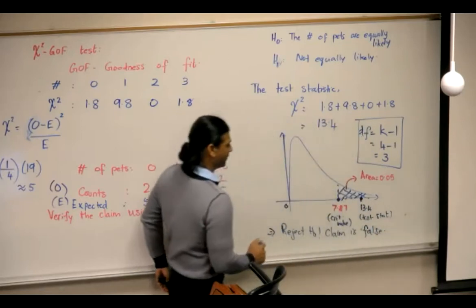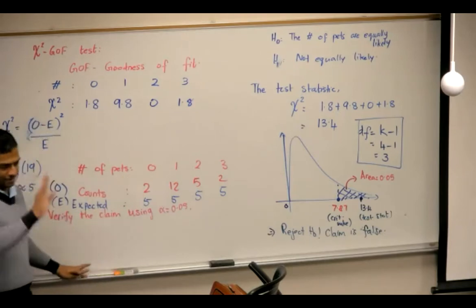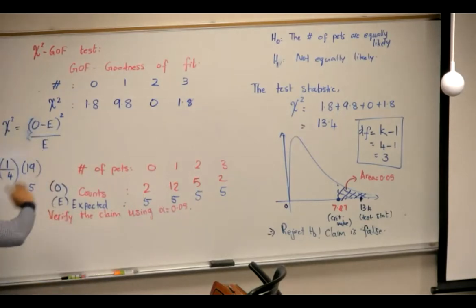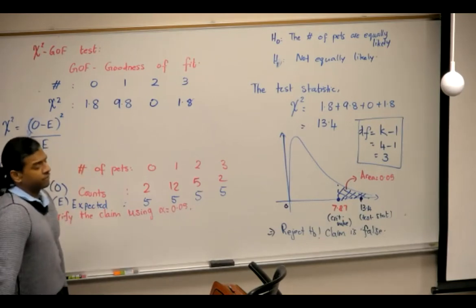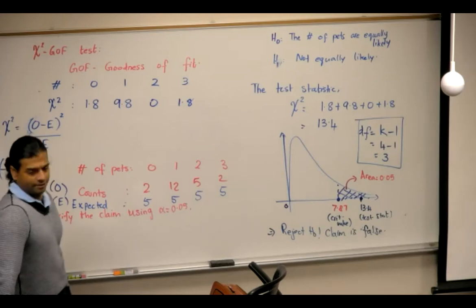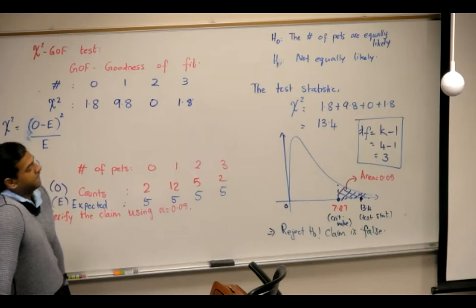Sorry, the claim is false. The claim is that they're equally likely. They're not equally likely. Clearly, things are different. So we rejected the null, and they're not equally likely. And we want to find the p-value.